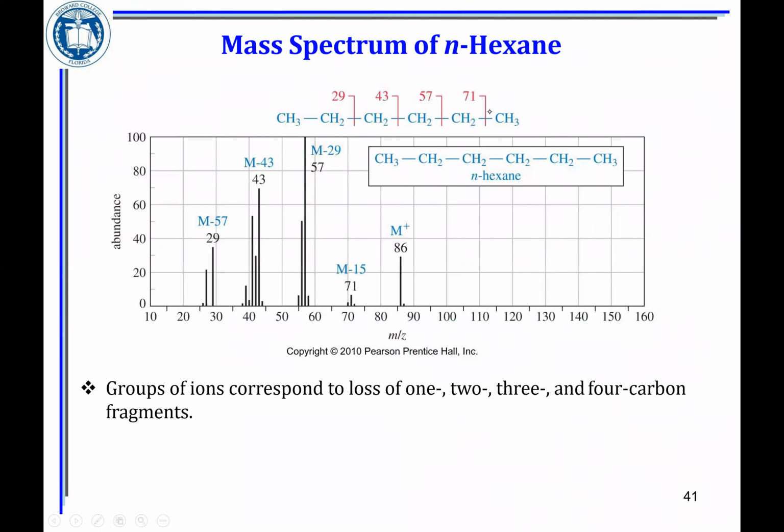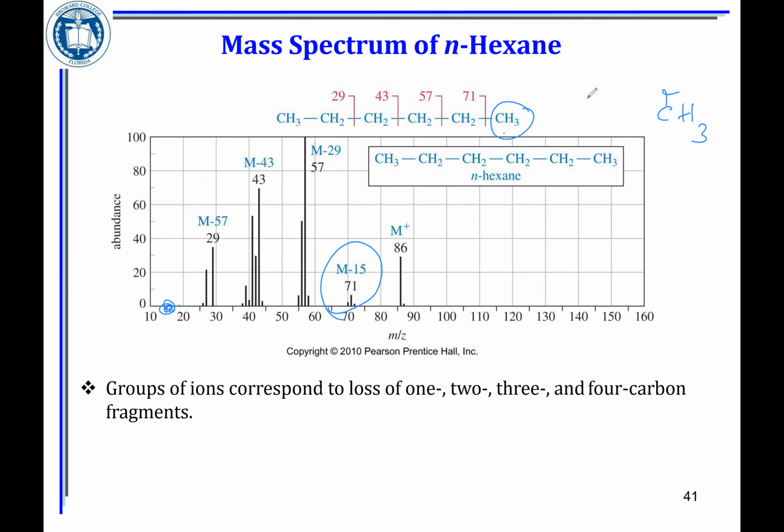Let's say if the cleavage is at 71, you would see a peak at 71. And I said that there's a possibility of 15 also, but you don't see the 15. 15 is in very low concentration here. The reason for that is because this is not stable. So if it's not stable, it's not going to make it to the detector.